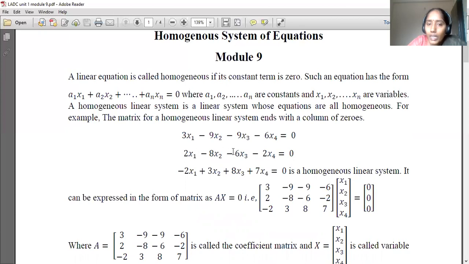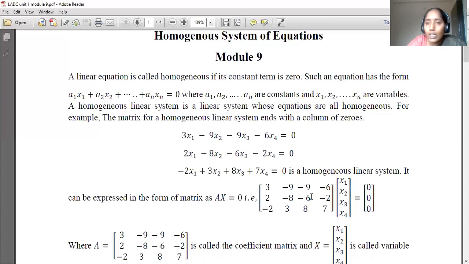For the second equation, all the coefficients are written in the second row, and all the coefficients of the third equation in the third row. The variables x1, x2, x3 and x4 are in the column matrix, equals 0, 0, 0.